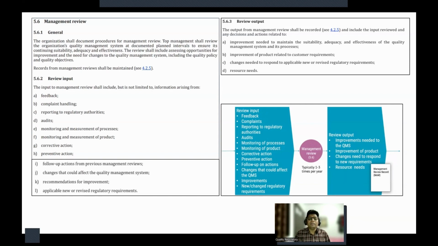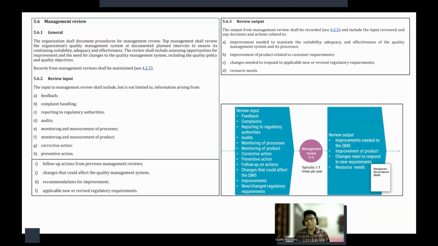Okay. Recommendations for improvement, applicable new or revised regulatory requirements, and then the output will be improvement needed to the QMS, improvement of the product, changes needed to respond to the new requirements, and resource needs.